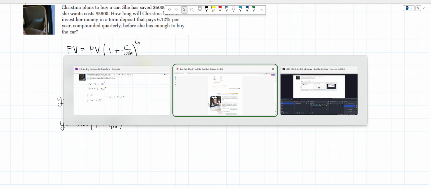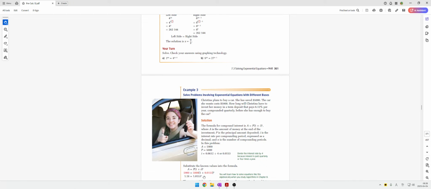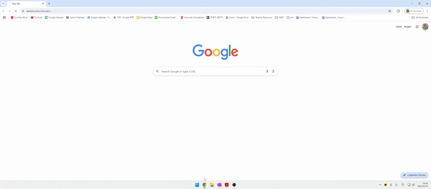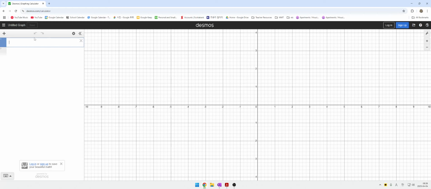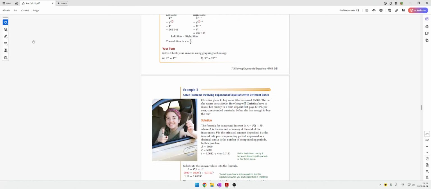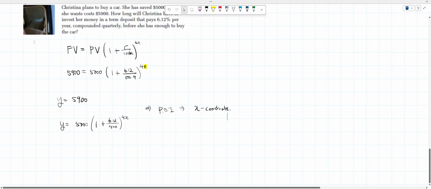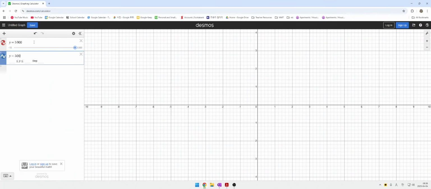Let's use Desmos. I'm going to put y equals 5,900, the first line. Then let's put y equals 5,000 times 1 plus 6.12 divided by 400, to the power of 4x.